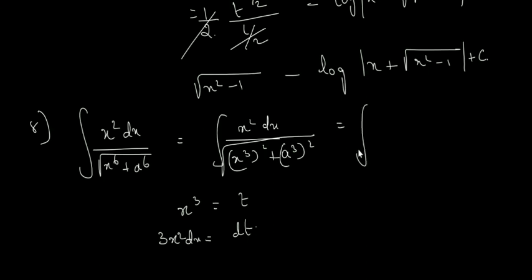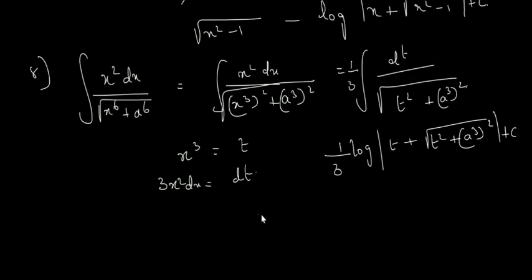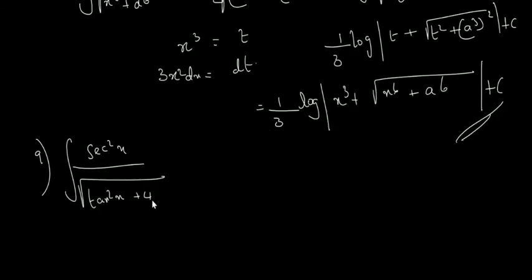So this will now change to 1 by 3 dt by root of t square plus a power 3 the whole square. So this is 1 by 3 log t plus root of t square plus a power 3 the whole square plus c, that is equal to 1 by 3 log of x cube plus root of x power 6 plus a power 6 plus c.